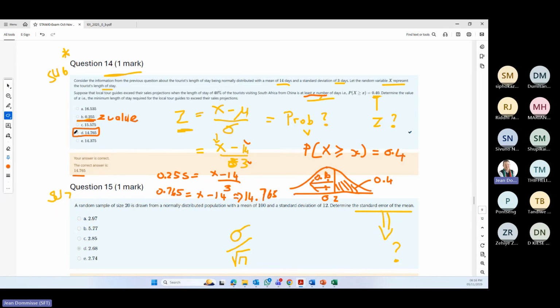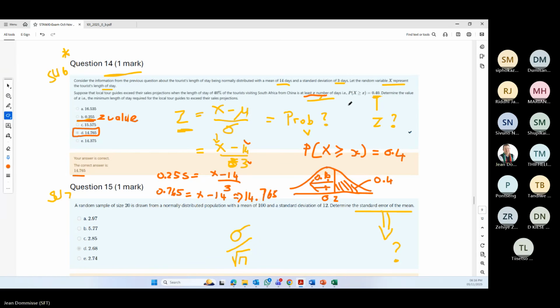Okay, so use this information to actually draw the diagram. Then you don't need to still think, oh, at least more than, is it this side, is it that side?